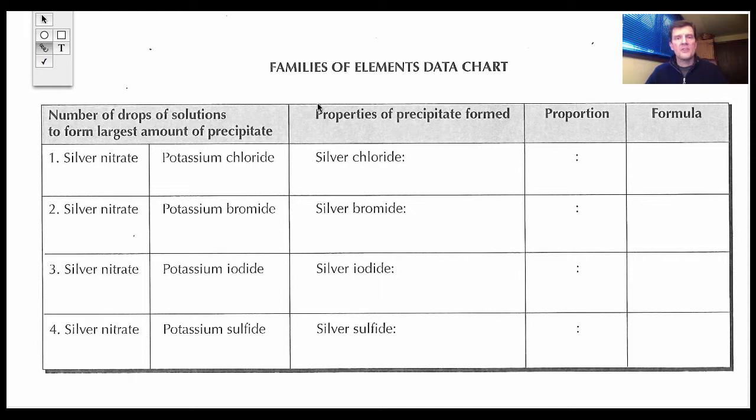So you're going to make this data chart right here, and then we're going to fill it in after you have performed the experiment with the different chemicals. So if you want to pause the video right now and copy this table onto your lab report, you can do that.